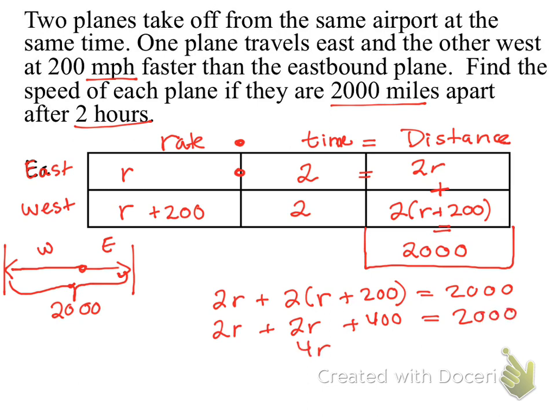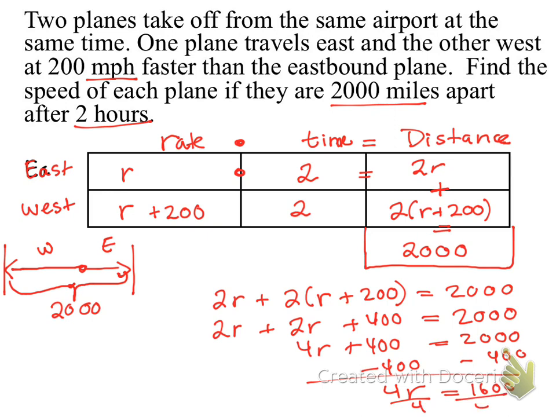It's 4R plus 400 equals 2,000. Subtract 400. 4R equals 1,600. Divide by 4, divide by 4. R equals 400.